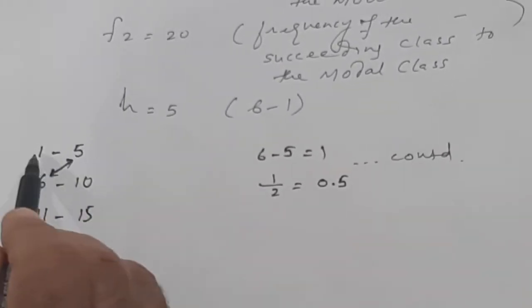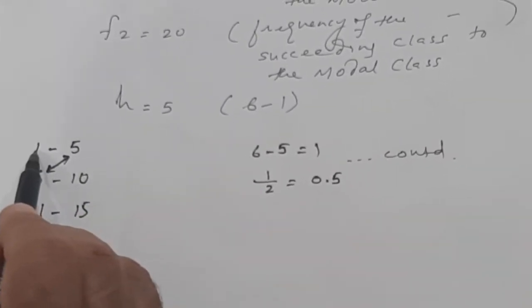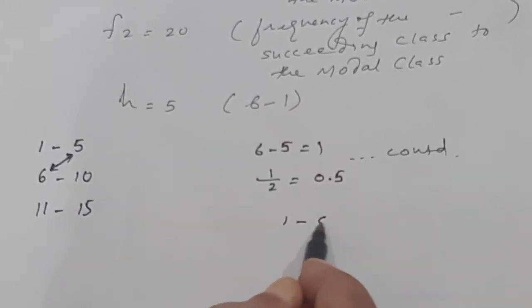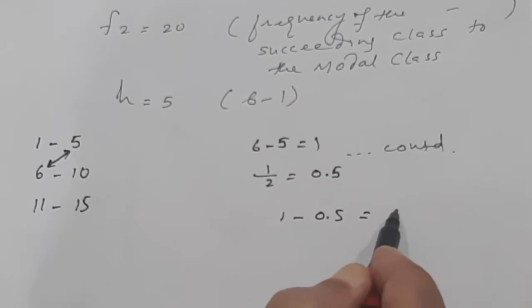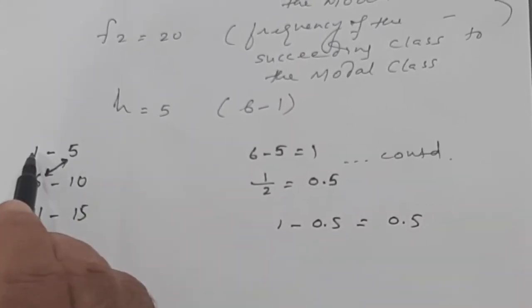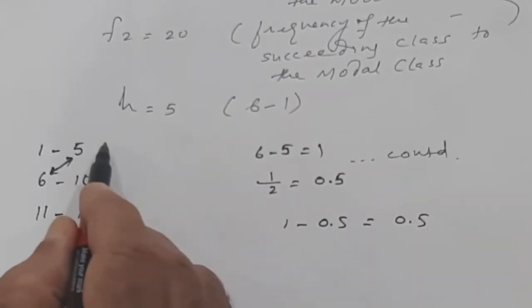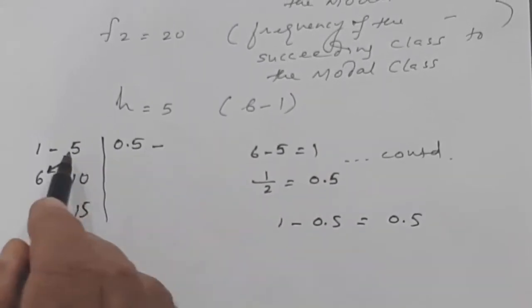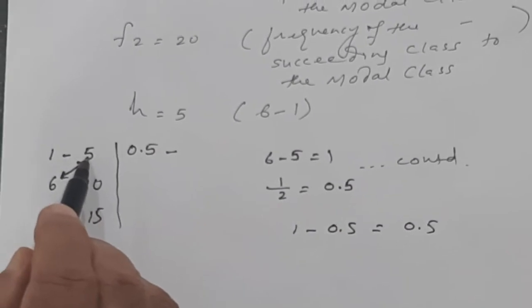So you subtract it from the lower limit. So 1 minus 0.5, it will be 0.5. So subtract 0.5 from the lower limit, and add 0.5 to the upper limit.